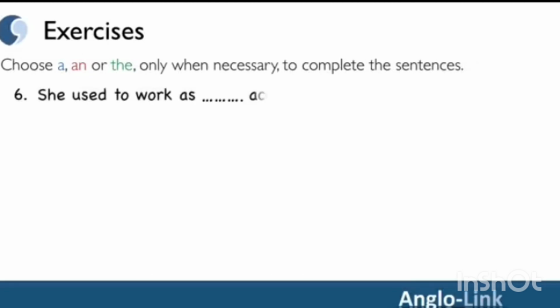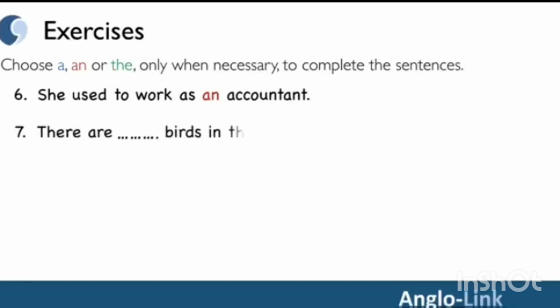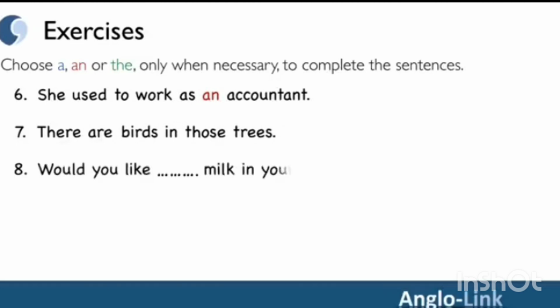She used to work as accountant. She used to work as an accountant. Number 7. There are birds in those trees. There are birds in those trees. Number 8. Would you like milk in your tea? Would you like milk in your tea?